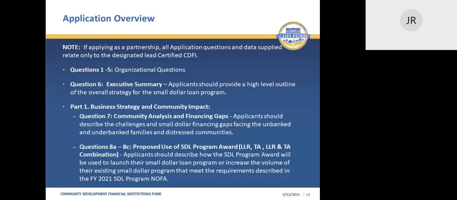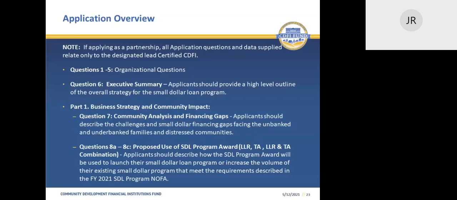Then the application goes into 2 parts, and in those parts you're either providing narrative, selecting options from a pick list, or completing tables. So part 1 is the business strategy and the community impact section.